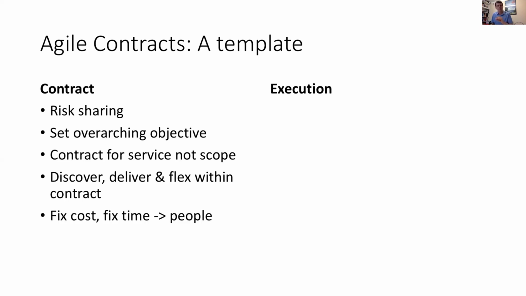Now, you can fix the time and you can fix the cost. That, by implication, means you're going to fix the capacity, the number of people who are working on this. I'd also say you want an easy exit contract, or if you want to structure as just a rolling contract, that's fine either way. And yes, both sides want some commitment, as Dean was saying, but it should also be easy for both sides to walk away if things are not working.